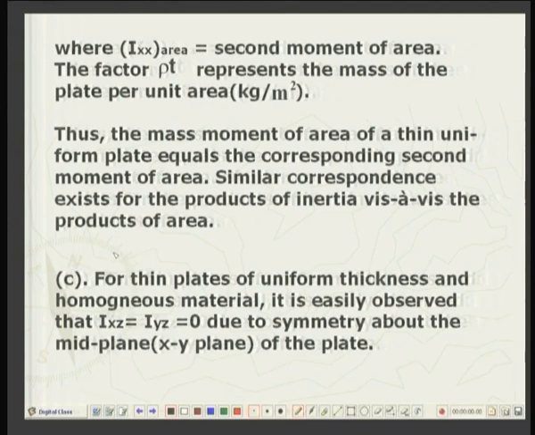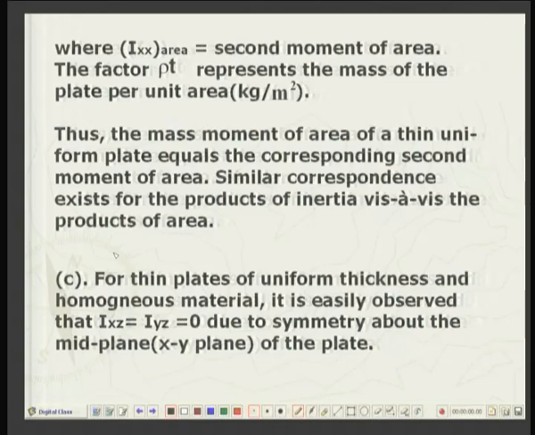We conclude that the mass moment of inertia of a thin uniform plate equals the corresponding second moment of area. Similarly, the product of inertia for a thin homogeneous plate corresponds to the product of area of the corresponding figure.